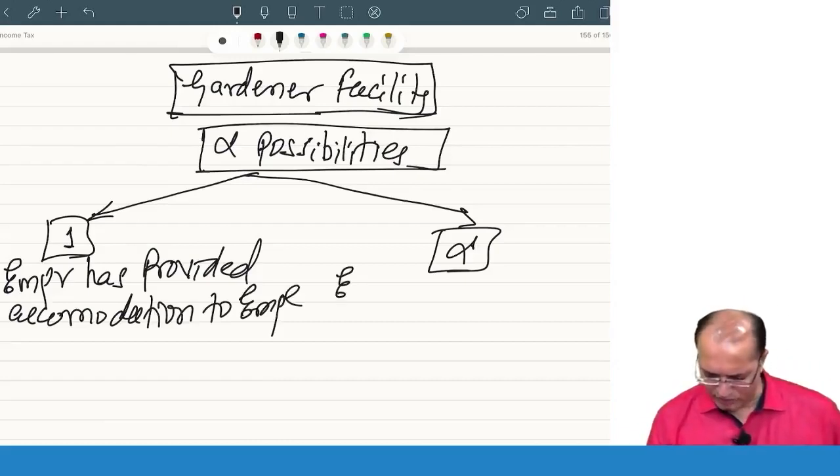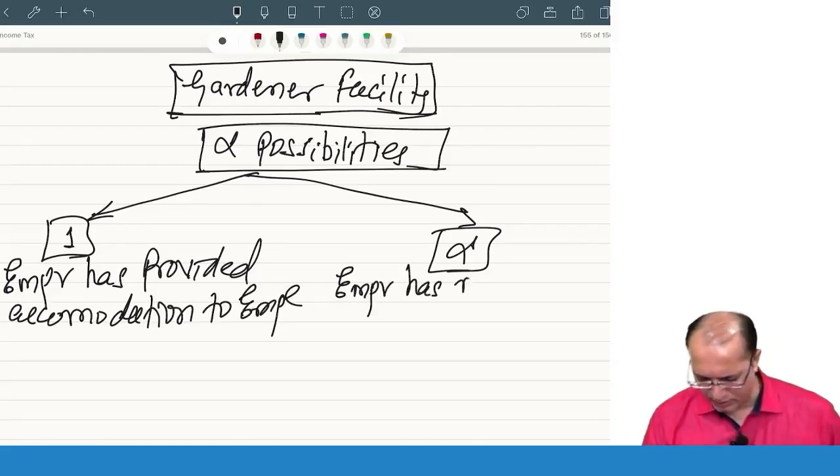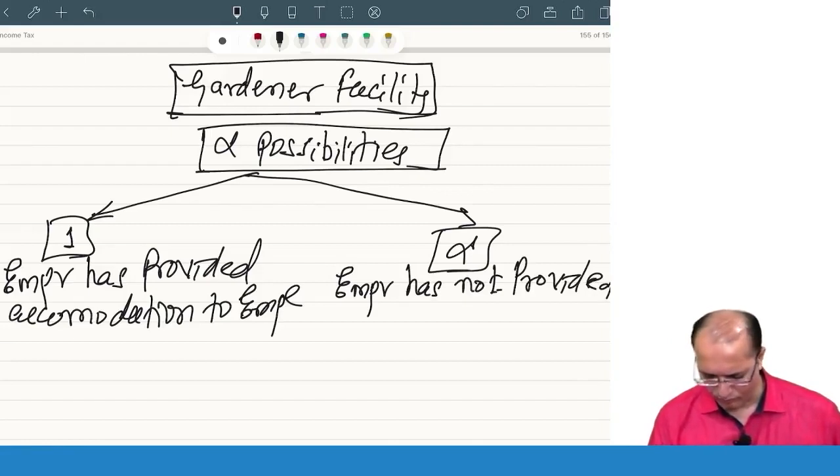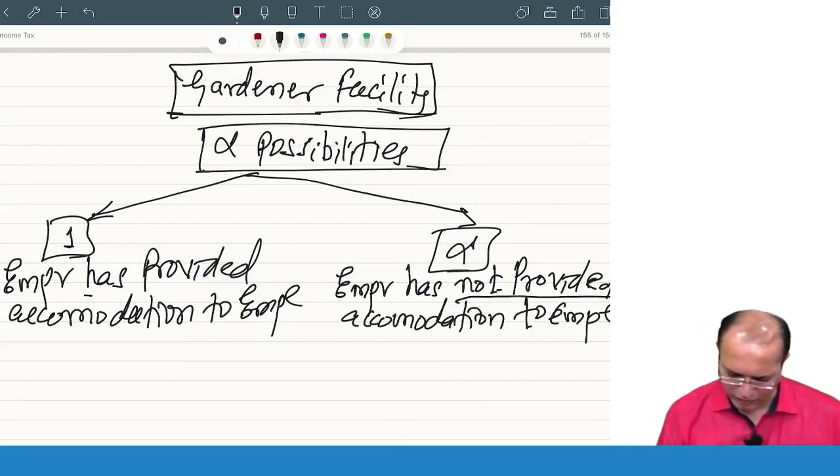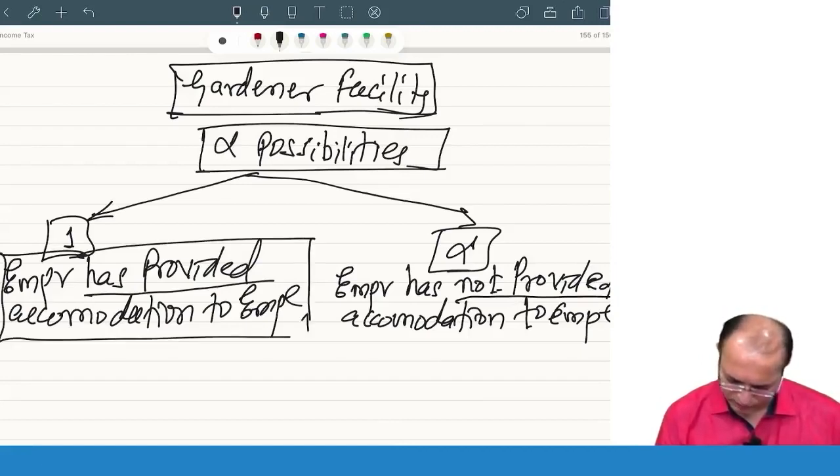Another possibility is that the employer has not provided accommodation to the employee. So the employer has provided accommodation, or the employer has not provided accommodation. We have two possibilities.